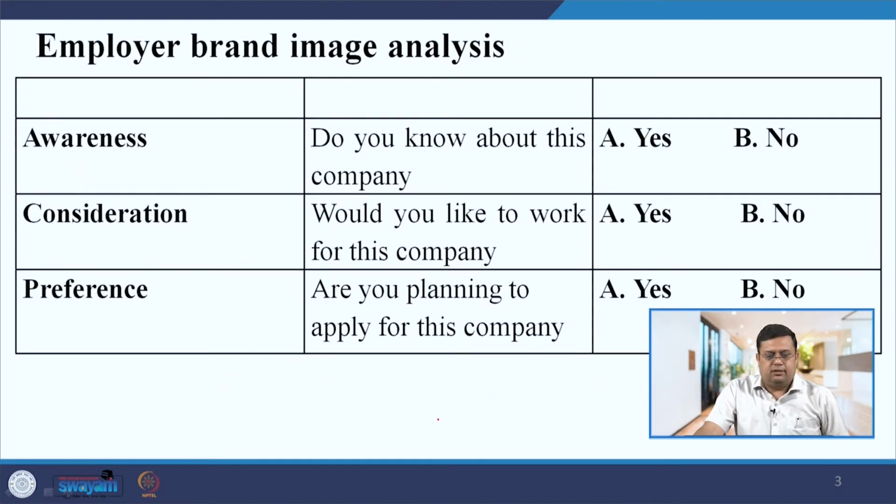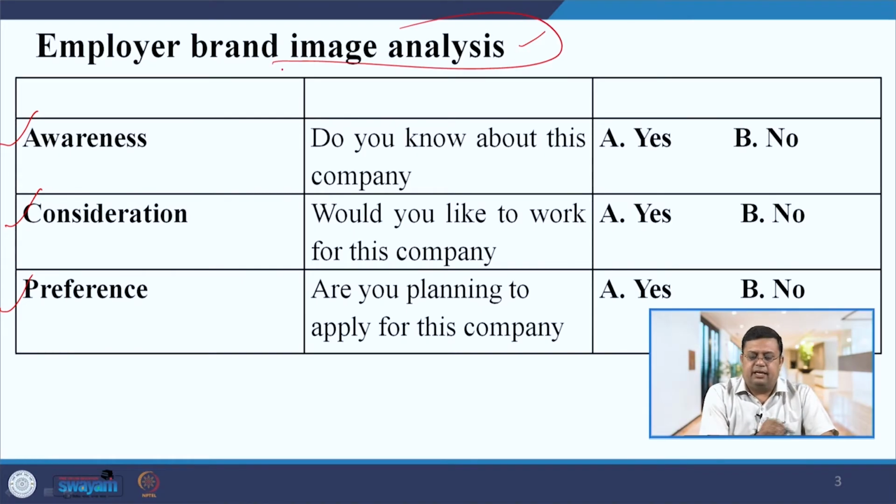The next metrics you can use to understand your brand are awareness, consideration and preference. By understanding awareness about your brand, consideration and preference, you can do brand image analysis.